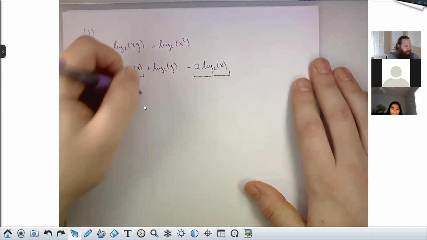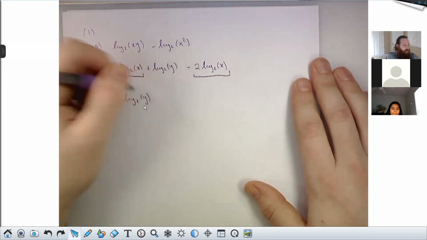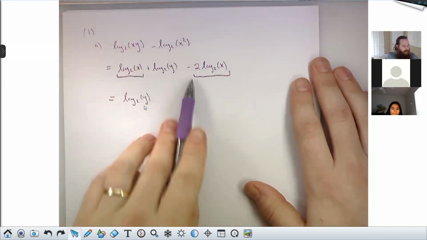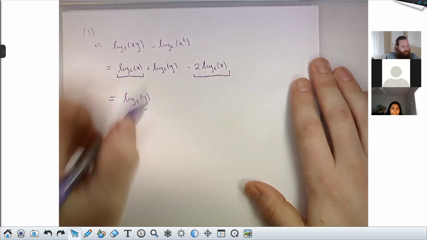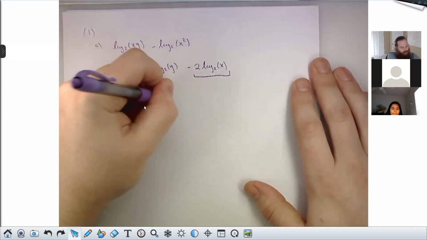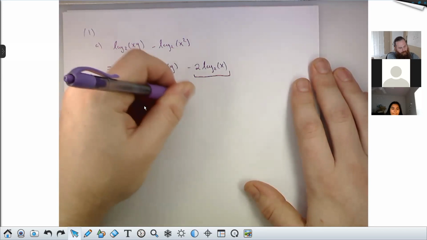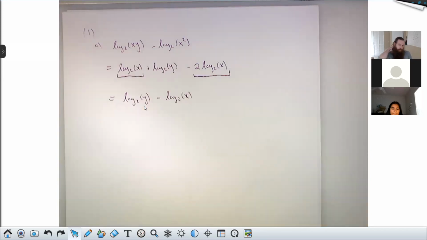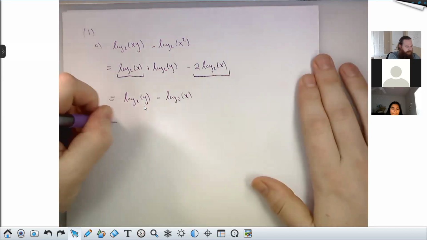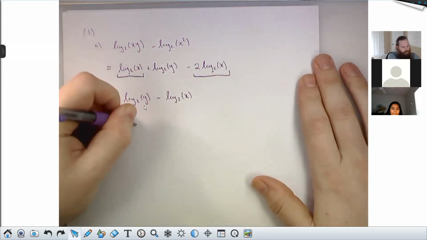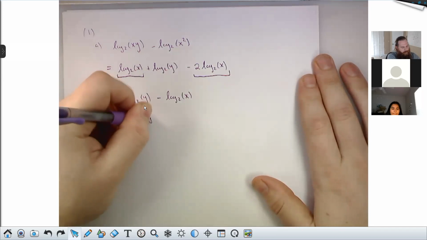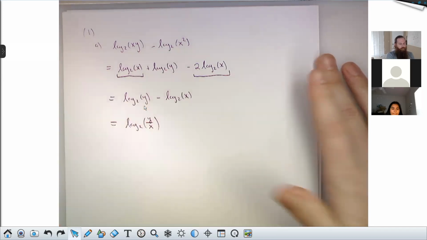In other words, we have the base 2 log of y, this middle term hanging out, and then negative 2 of these plus 1 of these, that's negative 1 of those. So this would be a valid answer. If you wanted to, you could combine these back into a single expression as the base 2 log of y over x.